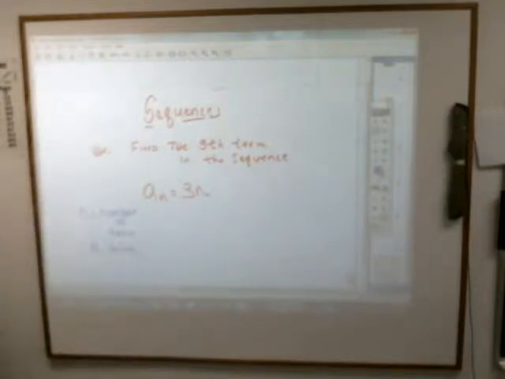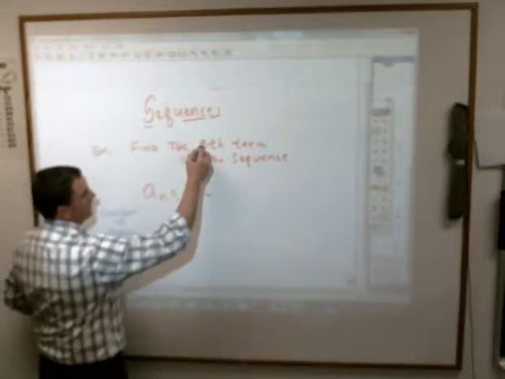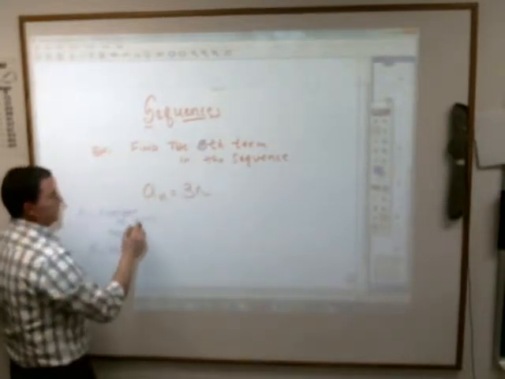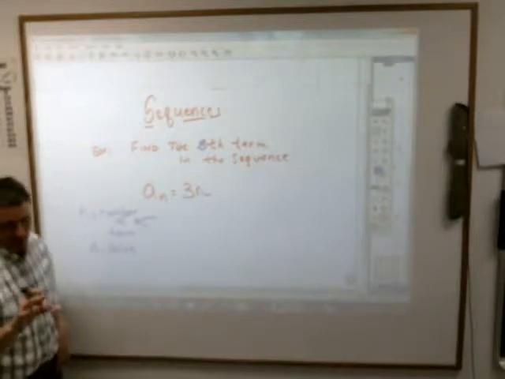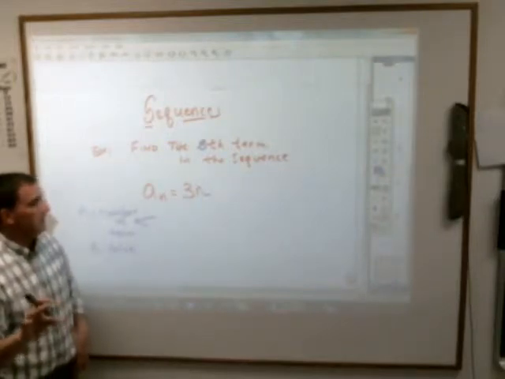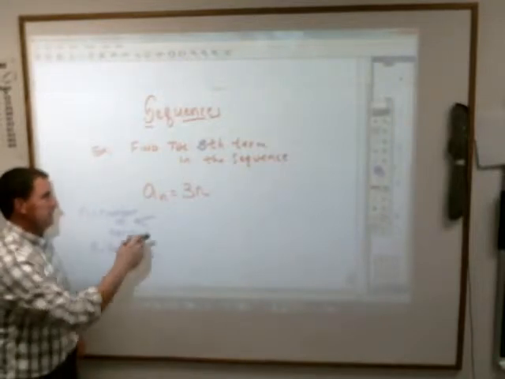So, if you're thinking about this here, what is the number of the term that I'm looking for? Let me read the question slowly and see if you can pick it out. Find the 8th term in this sequence.